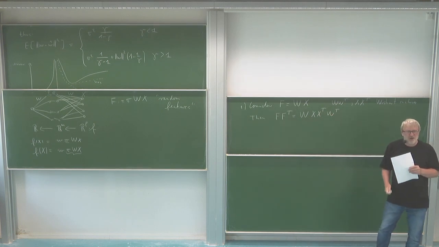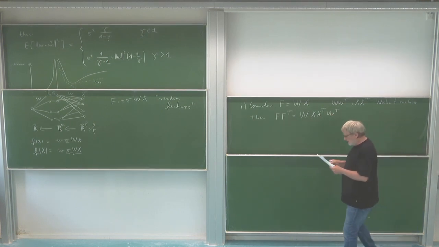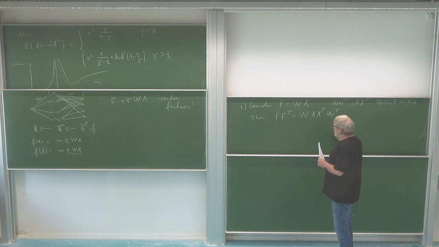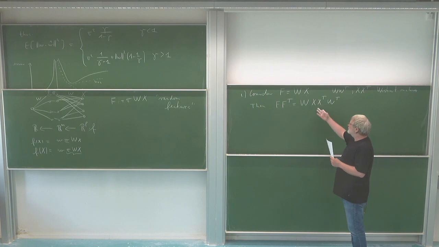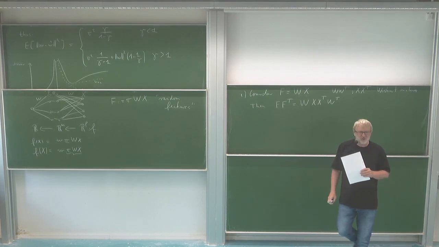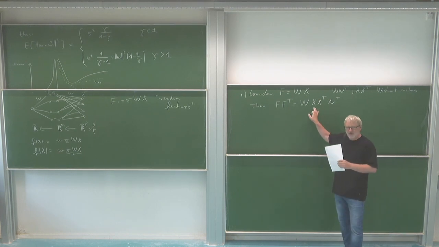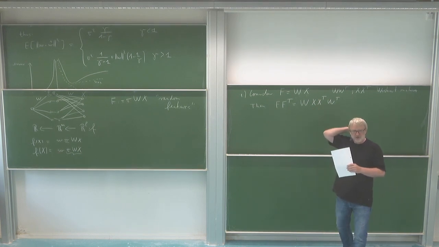And the question is, can we understand this? And I'm saying that actually this is not so far away from what we have done before, because this effect of this W is the effect of changing the covariance of this Gaussian random vectors.